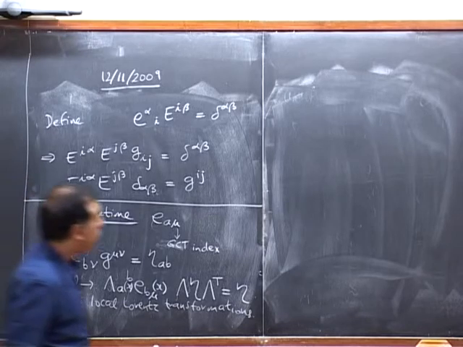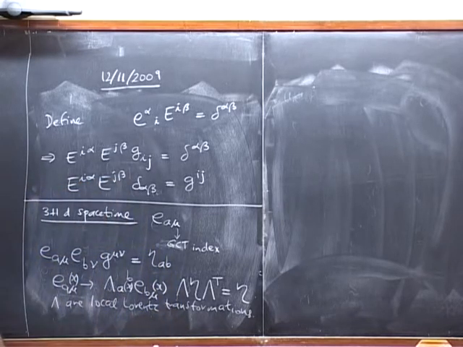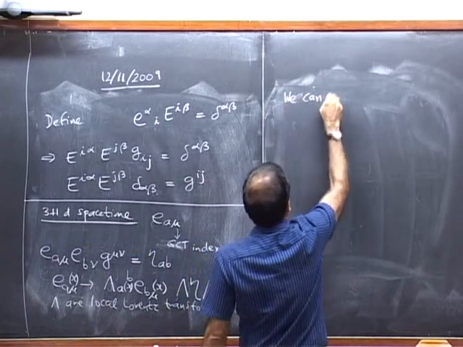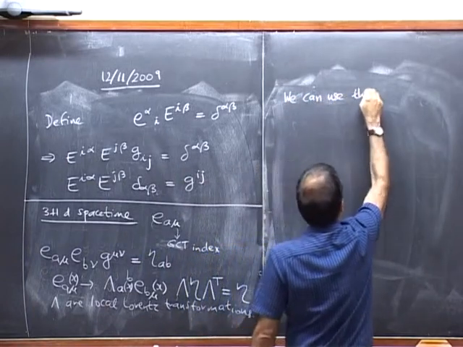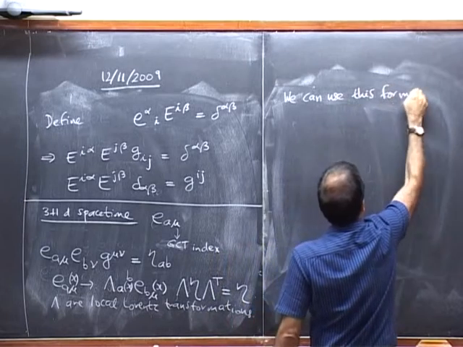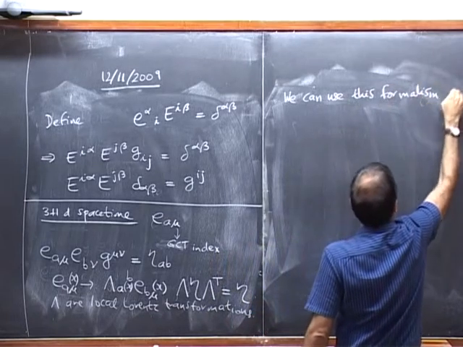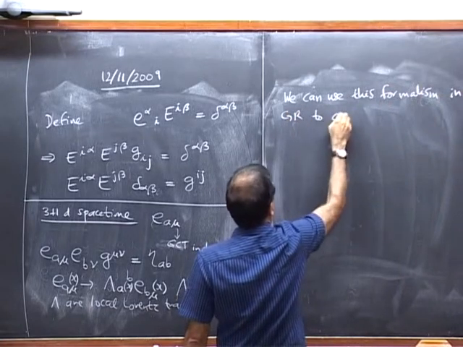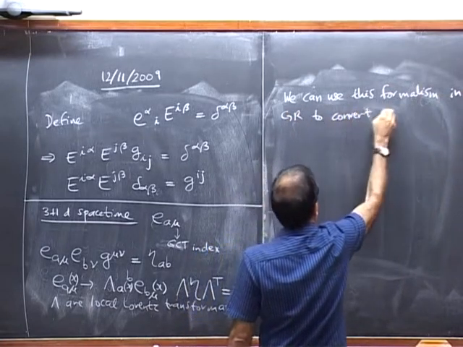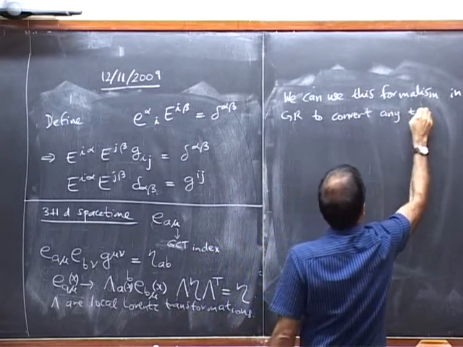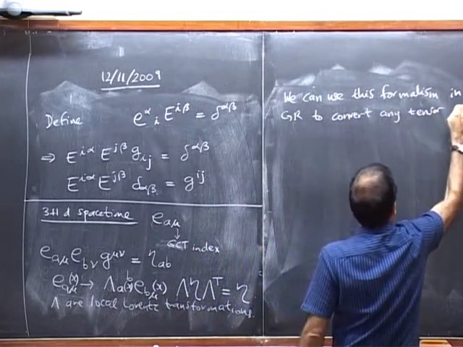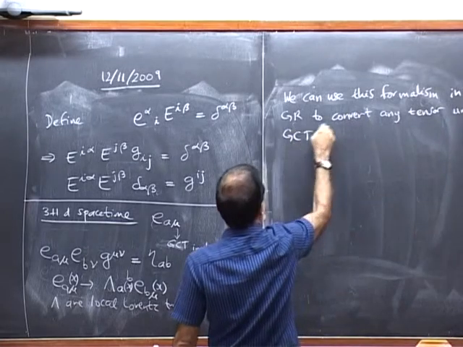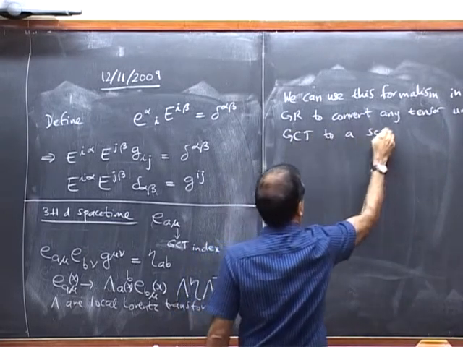Okay. So here's what we can do. We can use this formalism in general relativity to convert any tensor under GCT to a scalar.